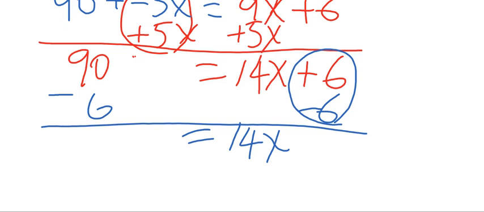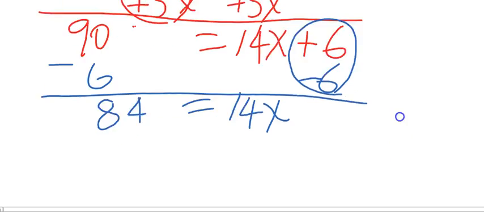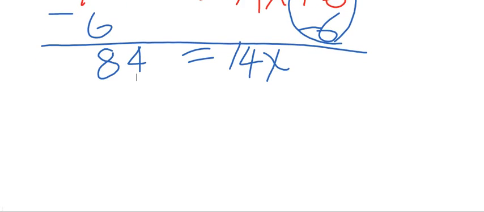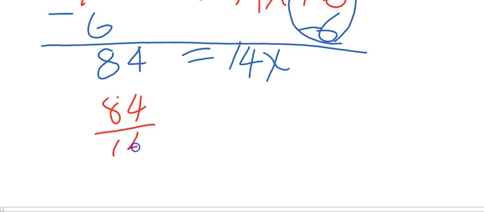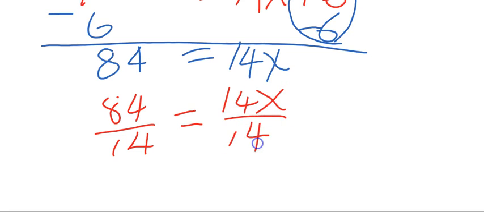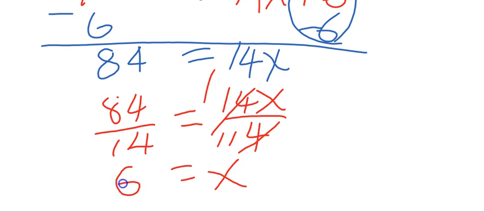So 90 minus 6 is 84. All right. So what do we do next? We divide both sides by 14. So 84 divided by 14 would give us x. We know 14 divided by 14 becomes 1, so you have 1x. So 84 divided by 14 is 6. So x is equal to 6.